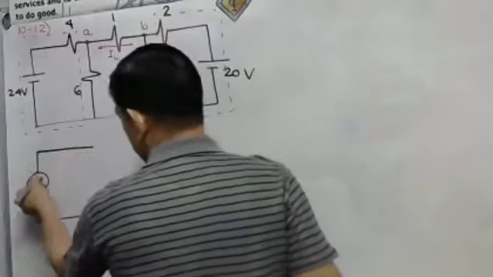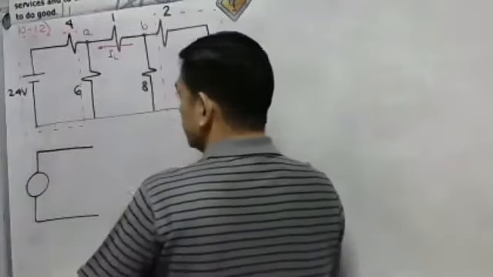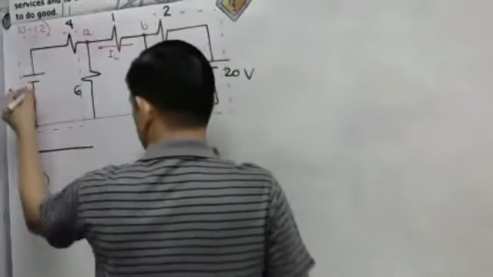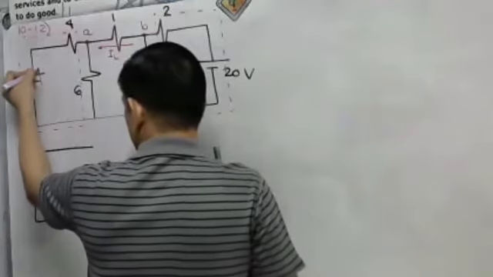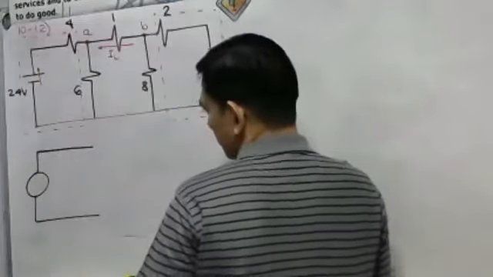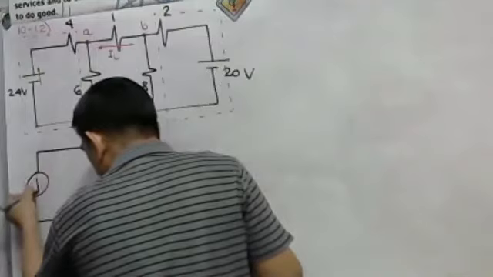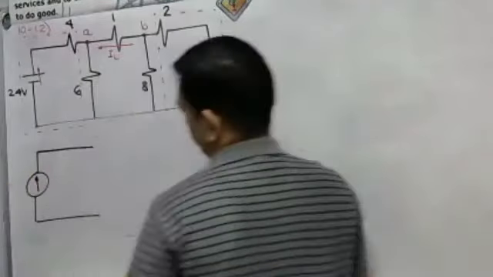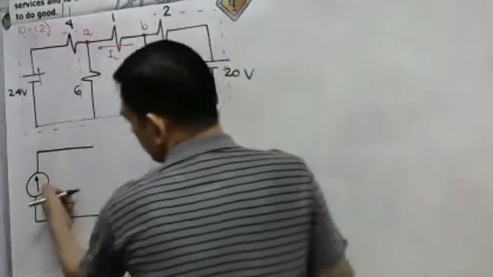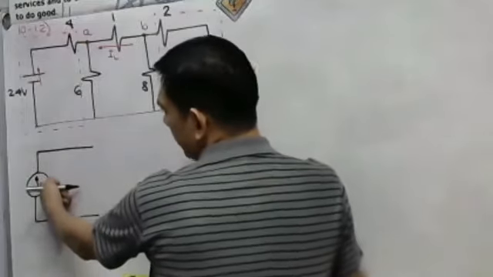This is the short circuit current. Again, we have the 24 volts, so the current must be going upward. What is now the value of our independent current source?